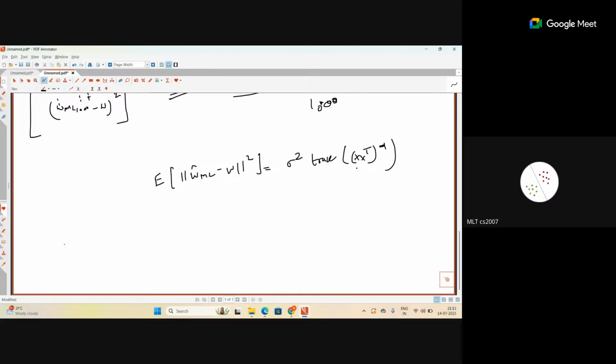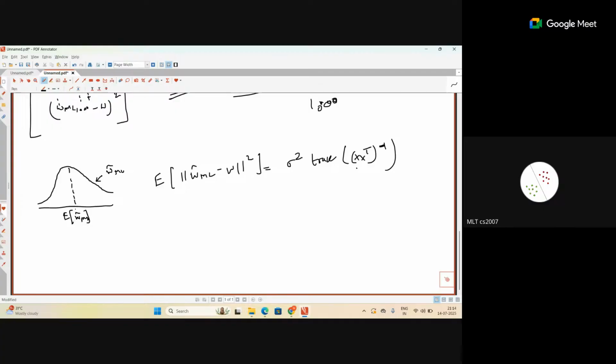Okay. So understand, when I say the w hat ML is unbiased, what I'm trying to say is, let us say this is a distribution of w hat ML. There is some mean to this, which is the expectation of w hat ML.